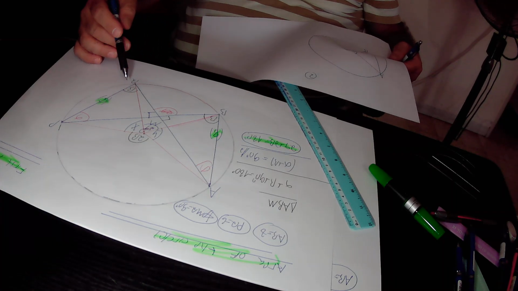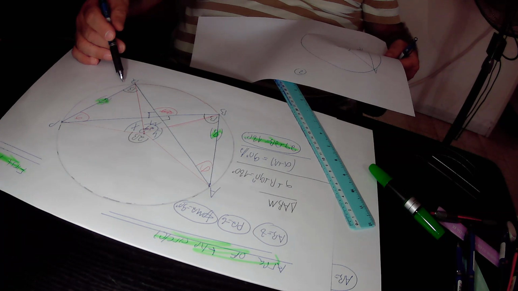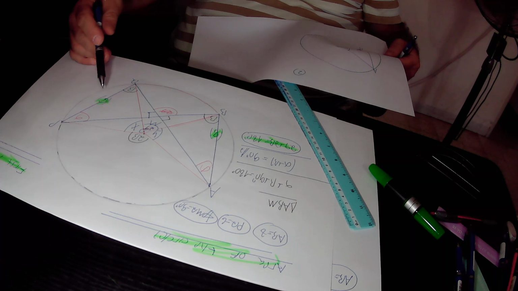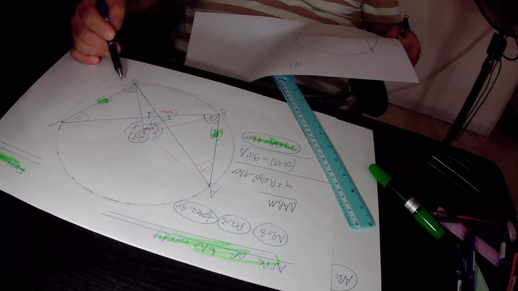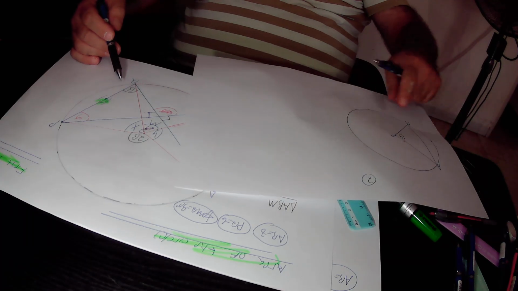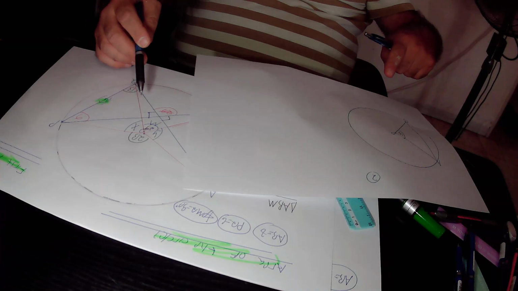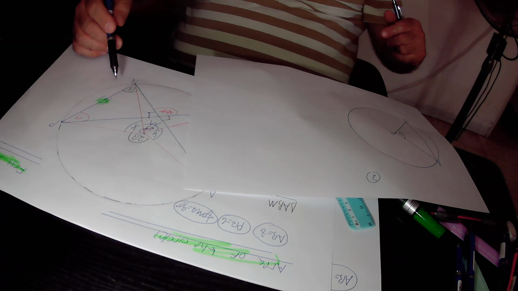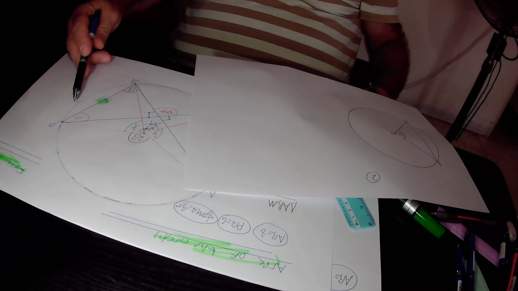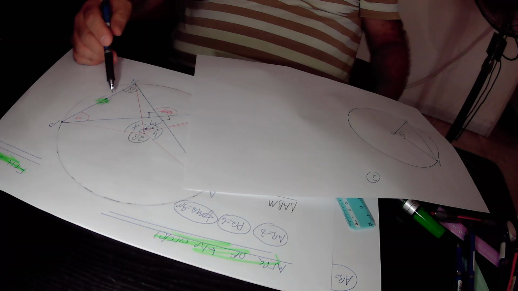Because it will subtend on a chord that is equal to 6 units in its length. So the new chord that I will draw will create a central angle equal to x degrees, because the length of the chord will be equal to 6 units, exactly like this chord PQ.